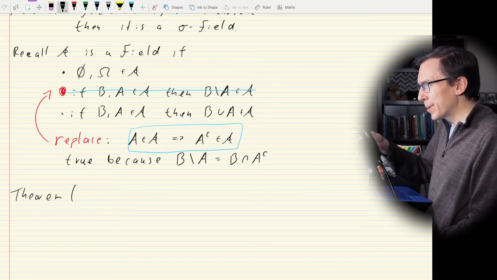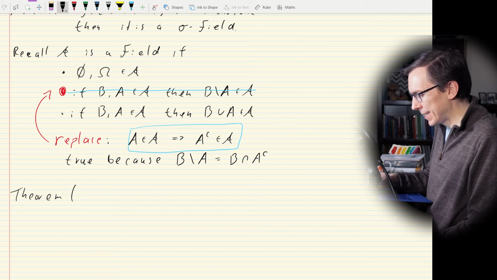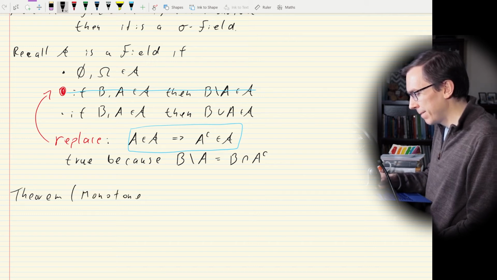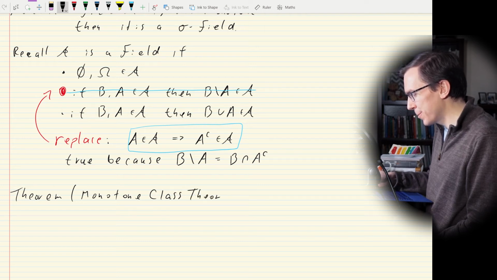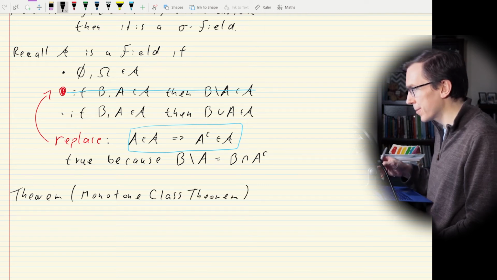And remember what Dynkin's pi-lambda theorem looked like. It's the monotone class theorem, not to be confused with monotone convergence, of course.